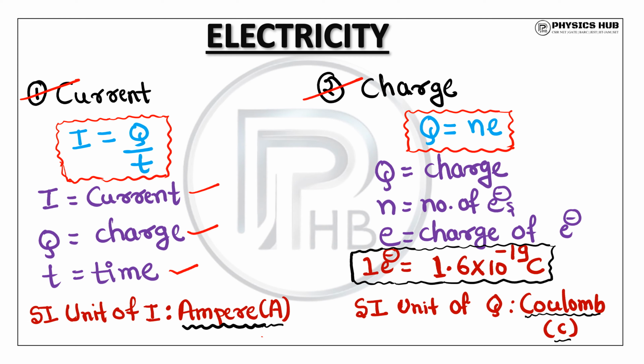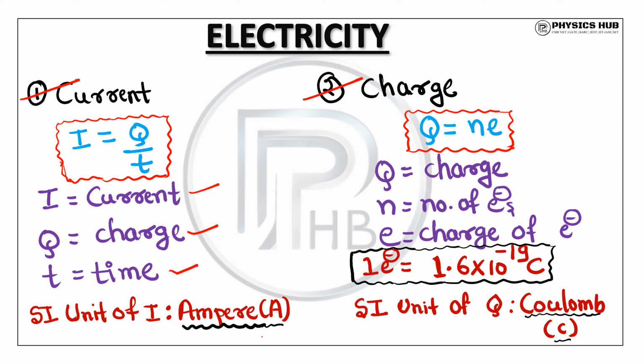Next, charge, or electric charge. It is the fundamental intrinsic property of matter, and here we know some properties of charges: charge is additive in nature, and charge is of two types, one is positive and another is negative.